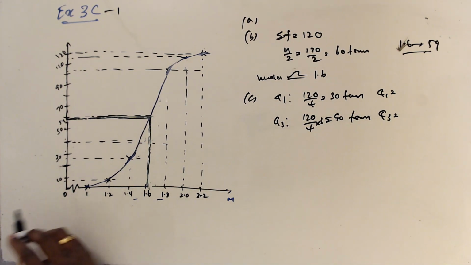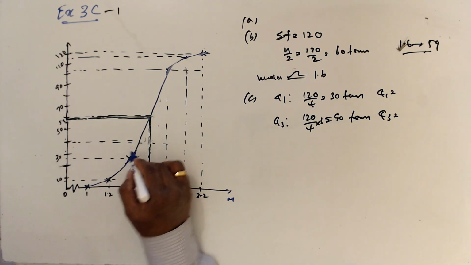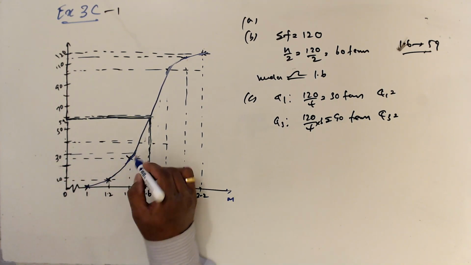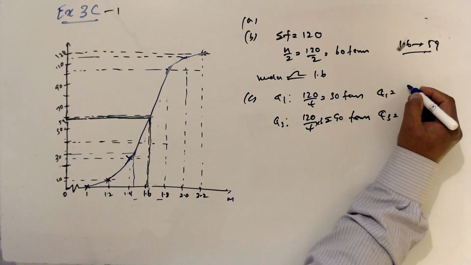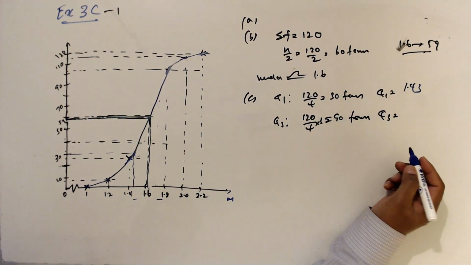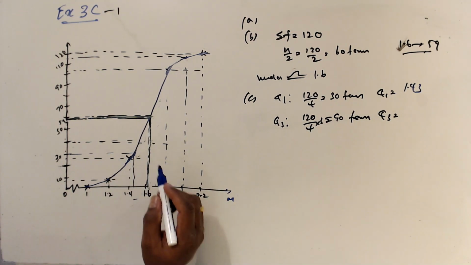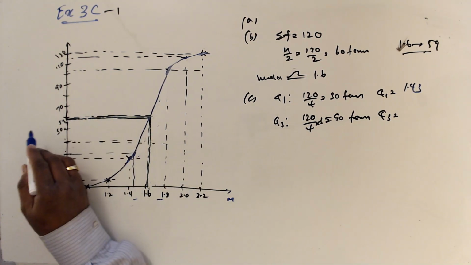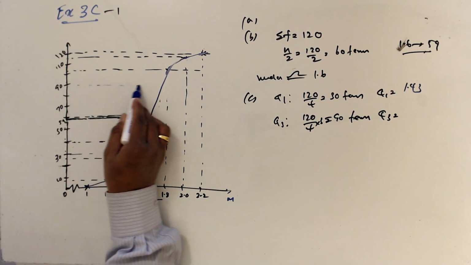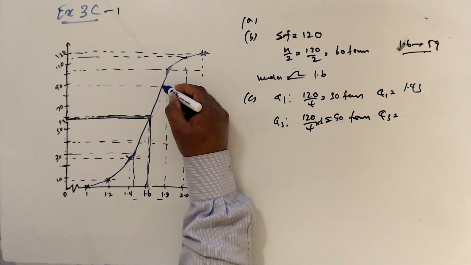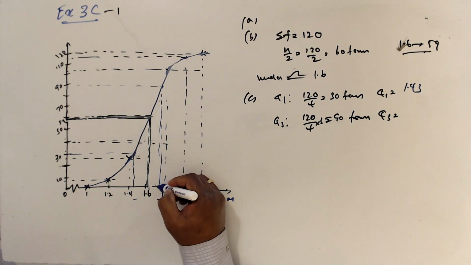So the 30th term is going to be around somewhere, so we will get 1.43. And Q3, that is the 90th term, is going to be somewhere here.